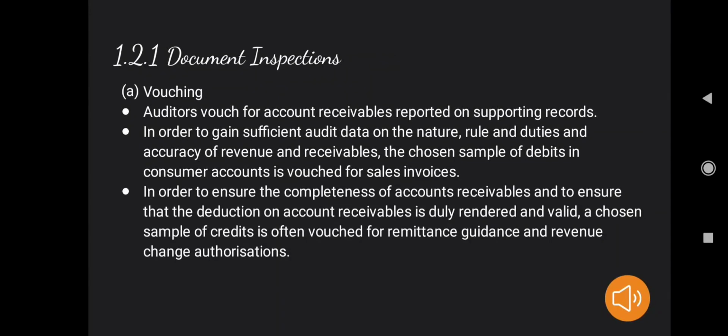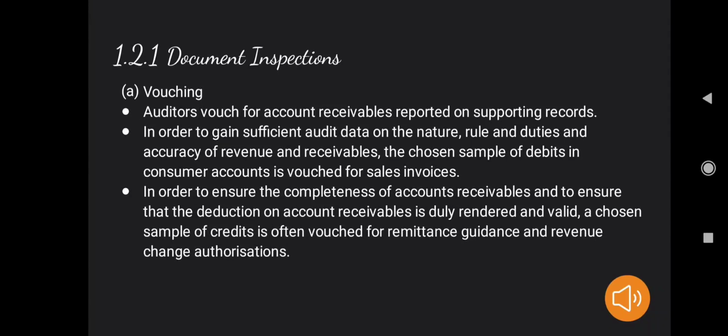In the test of details of transactions, there is document inspection. There are three document inspections, and first is vouching. Auditors vouch for accounts receivable reported on supporting records in order to gain sufficient audit evidence on the nature, rights and obligations, and accuracy of revenue and receivables.